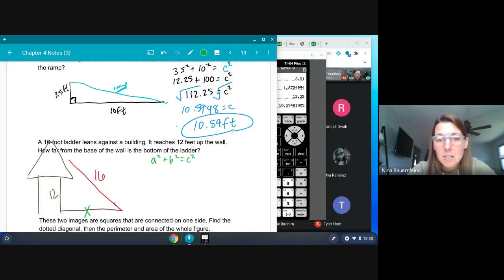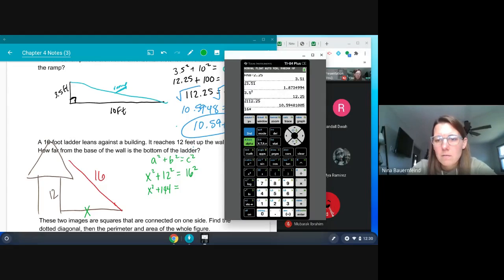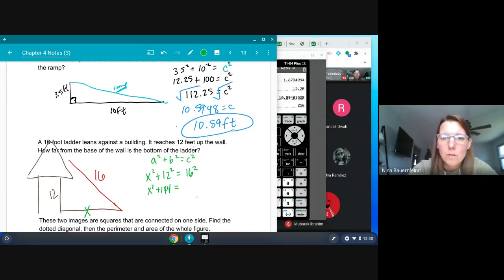But this time 16 is our c. And then these two, it doesn't matter which is which. You could use a, you could use b, you could use c, d, e, f, g. It doesn't matter. I just picked x because math does that a lot. 12 squared is 144. 16 squared is 256.